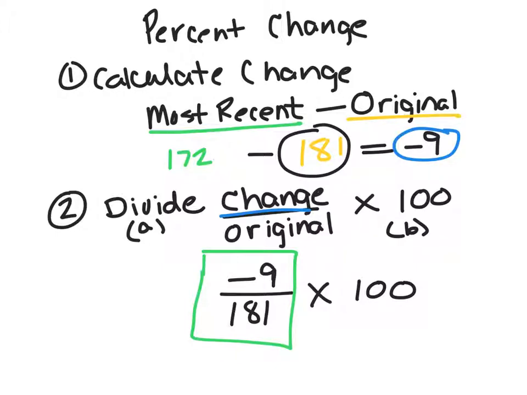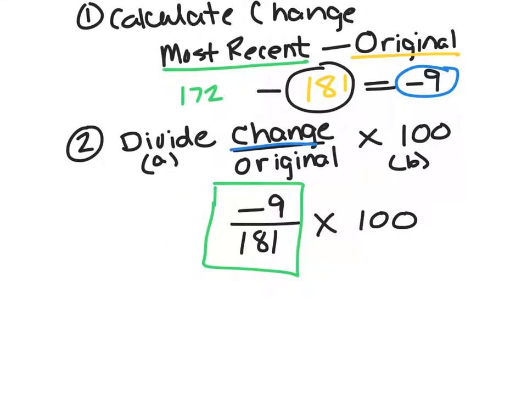So instead of deciding how to round that division and then going back and multiplying that answer by 100, remember you have to multiply by 100 because that decimal is not a percent. The problem is asking for a percent for your final answer because it's asking for a percent change. So if you multiply that decimal by 100, remember, that's how you turn a decimal into a percent.